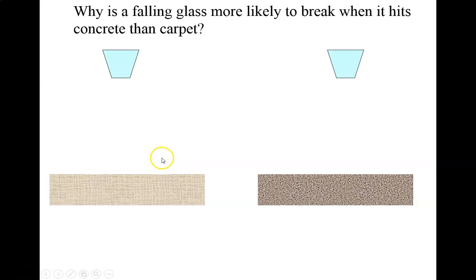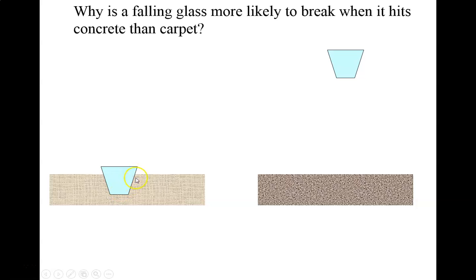If you drop an object on concrete versus some sort of fabric, why is it much more likely to break on the concrete than the fabric? Well, there's a couple different reasons, but one of which is that when the glass falls into the fabric, it deflects, it depresses the fabric. It's like the strings of the tennis racket we saw, where it bends them back.